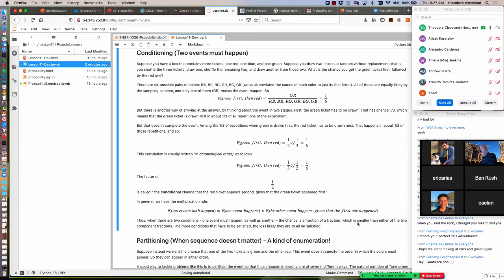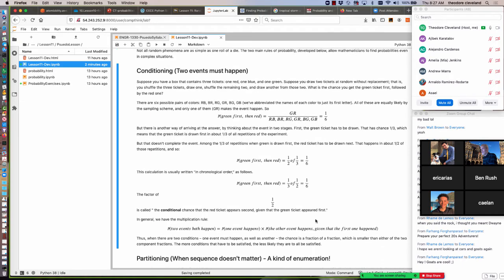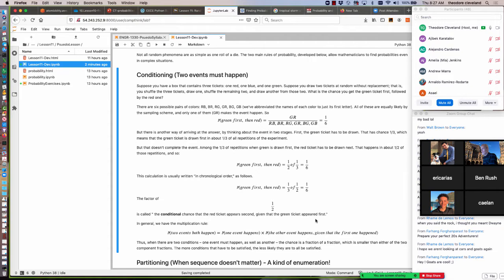So moving on, a second thing to consider is what I call conditioning, in that we're examining 2 events that have to happen in order for us to have defined a successful outcome. So let's read through the example and go through it.